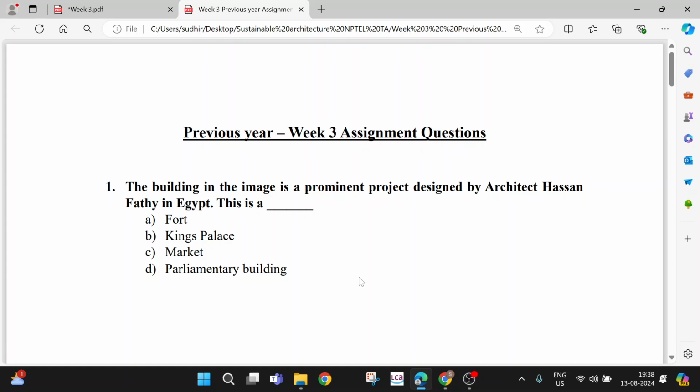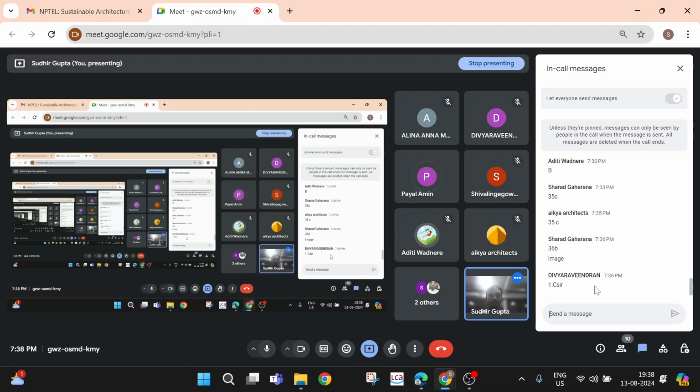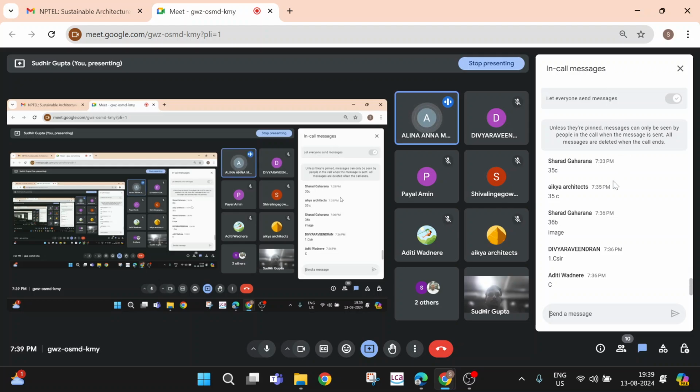Question one is visible to all of you. 1C, sir. Mark it C. Where is the image? It is referring to the image that was shown, of the Hassan Fathy buildings.